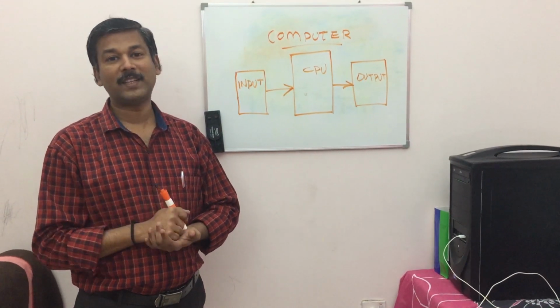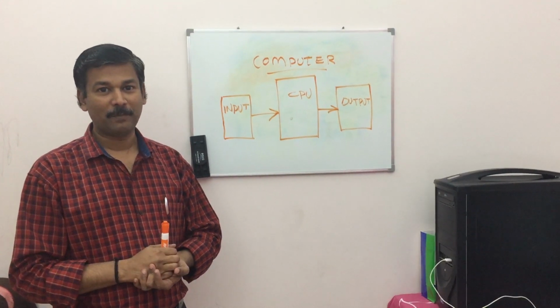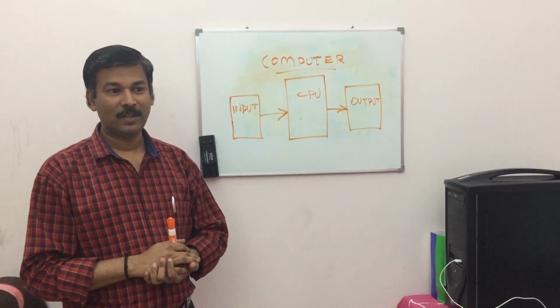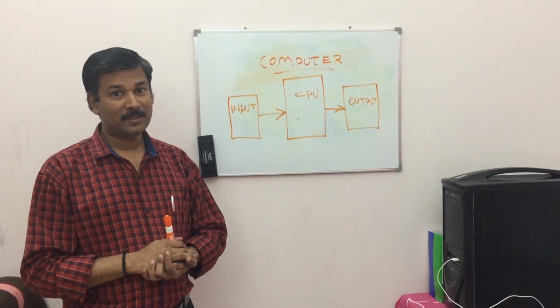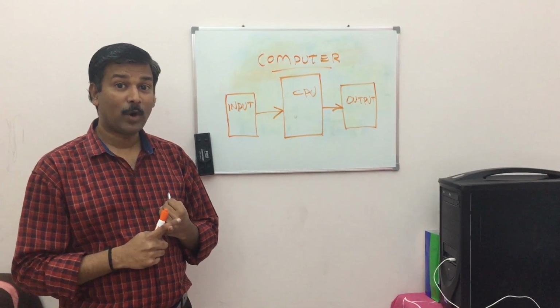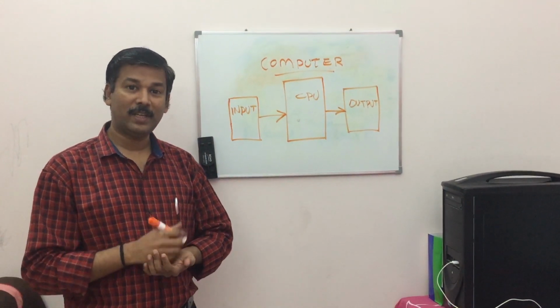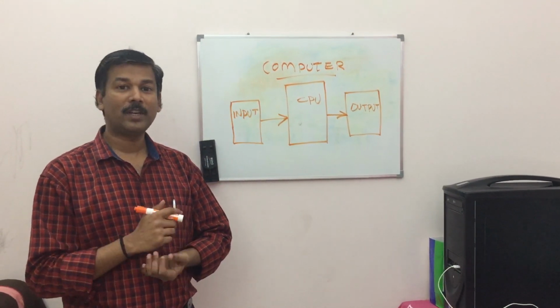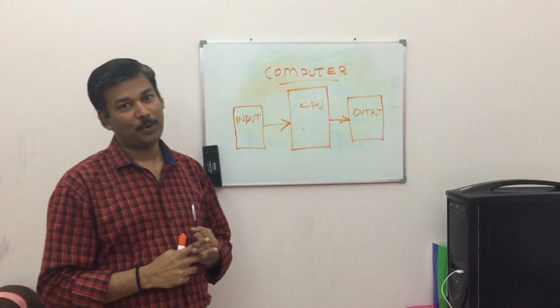How will we get the output? What are the common output units we use with the computer? One is the printer. Printer is one of the common output units, and the main one is the monitor. Monitor shows the output visually. So monitor is one of the main output units, and the second one, printer, is the commonly used output unit.